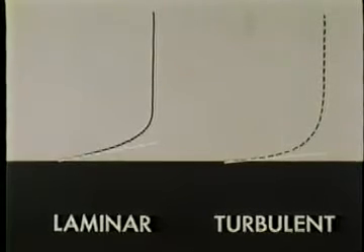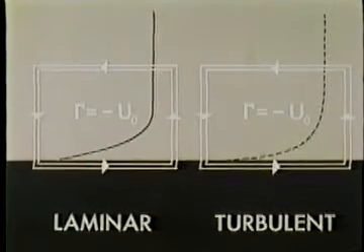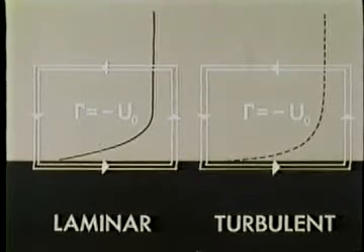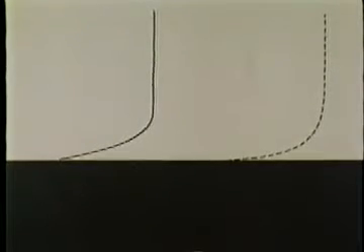The circulation is the same for both layers. Both boundary layers therefore contain the same amount of vorticity per unit length of the plate. However, the distribution of vorticity in the two layers is very different. There is more vorticity near the plate in the turbulent layer. The distribution of momentum in the two layers is also different.